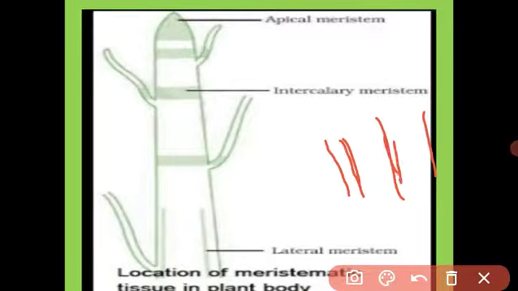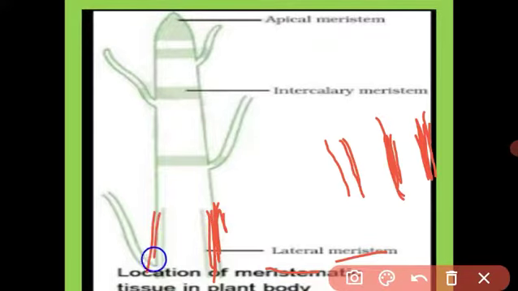Because in the stem there is lateral meristematic tissue, and due to the lateral meristematic tissue the plant increases the diameter of the stem. Where is it present? It is present below the bark. Got it? The lateral meristematic tissue is present below the bark. Due to the lateral meristematic tissue the diameter of the stem increases.